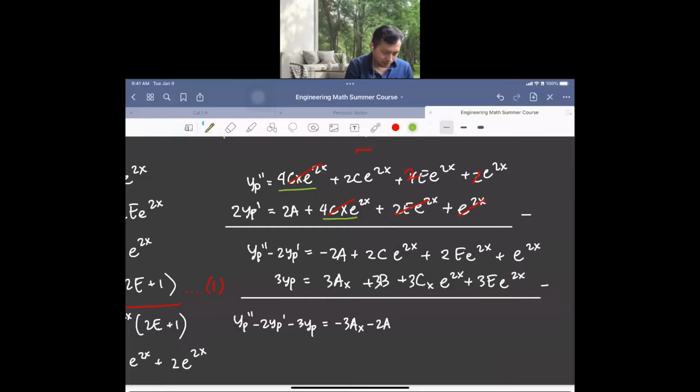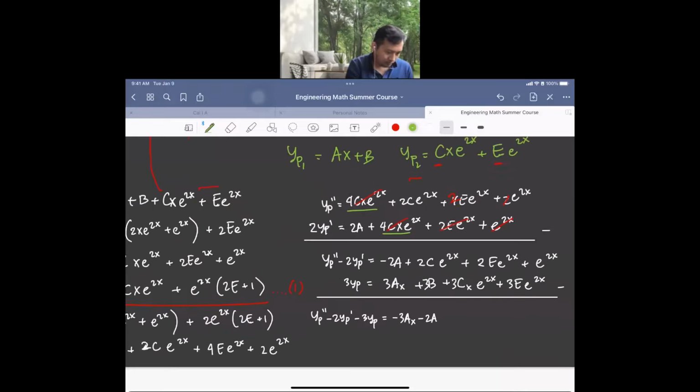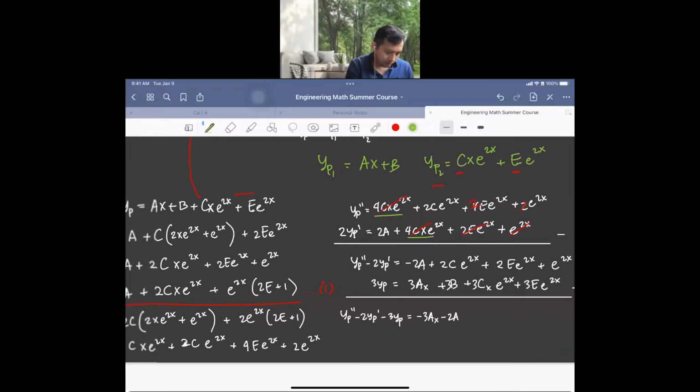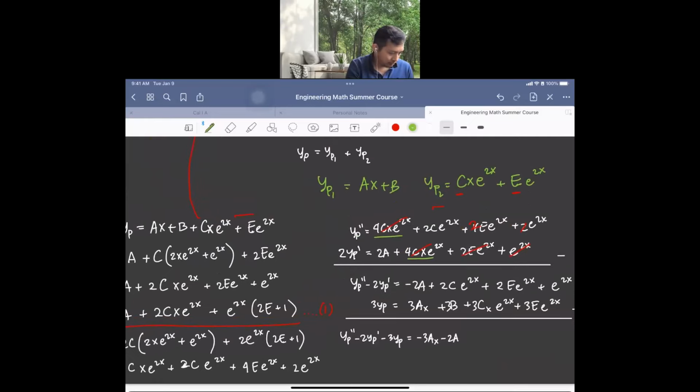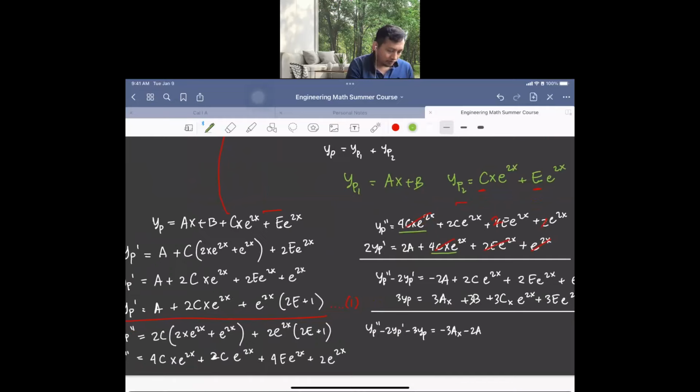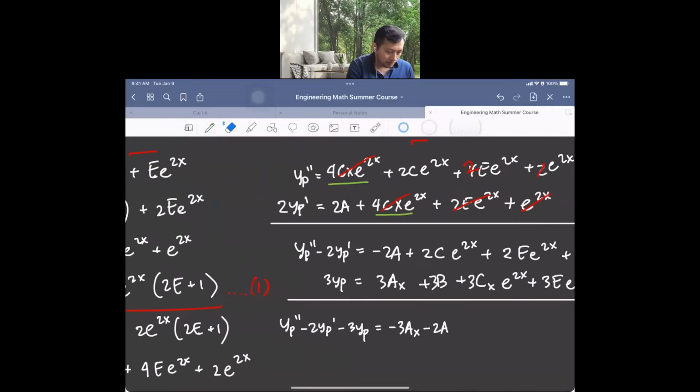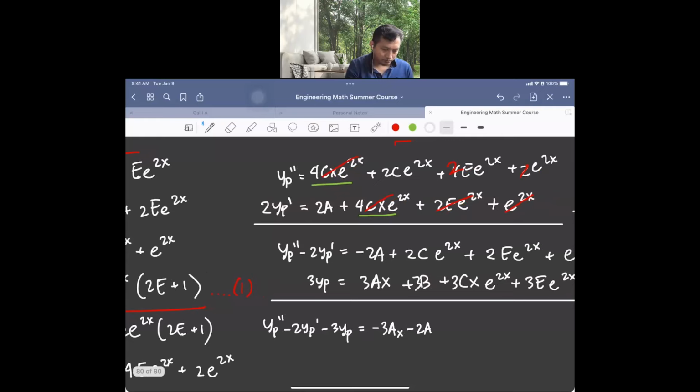Then let me make some connections to make sure it's understandable. This x should be like that. It should also be like that.